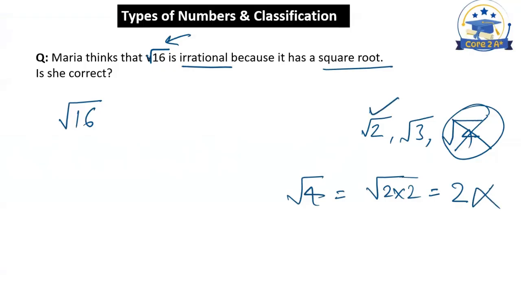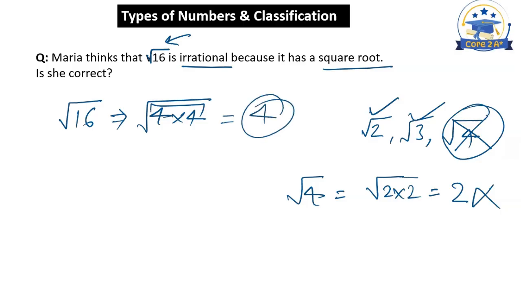Okay. So let's see in this case, if we do factorization, what are we getting? 4 times 4, right? So see, here we have gotten a pair of the number 4. So yes, this is 4 only. And we can write 4 as 4 over 1 in rational form, right? Not in irrational form.